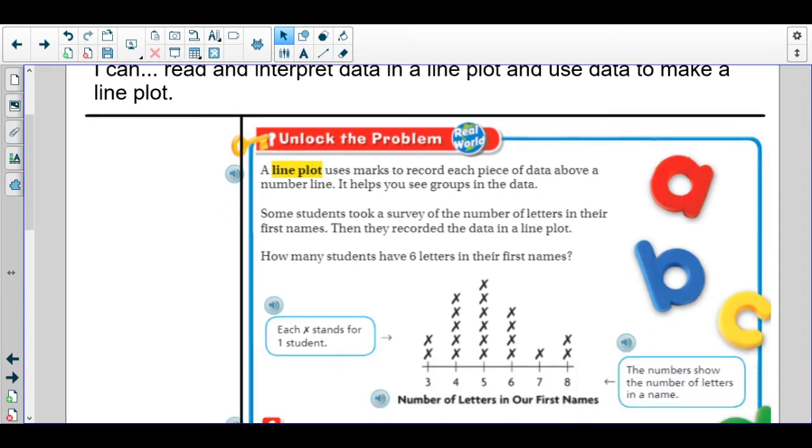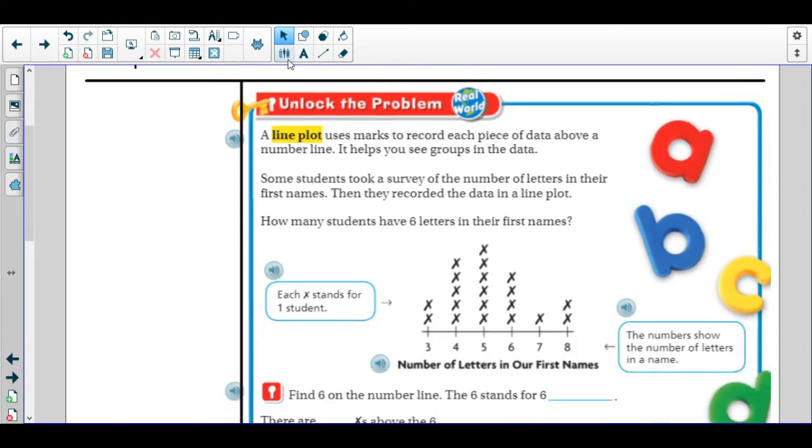So let's take a look at the problem that we have here and see if we can't make some sense of it. A line plot uses marks to record each piece of data above a number line. It helps you see groups in the data.